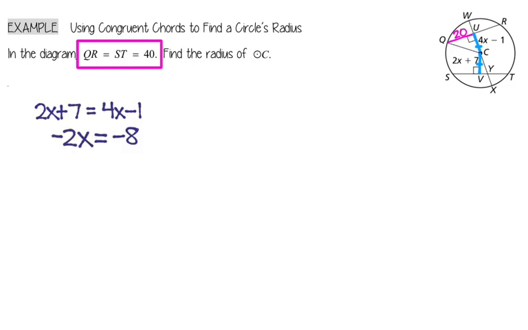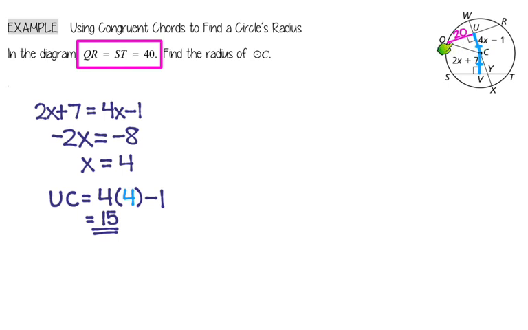So we can set them equal to each other and solve for x, and we get x equals 4. Now we can plug 4 into 4x minus 1, and I find that this distance is 15.